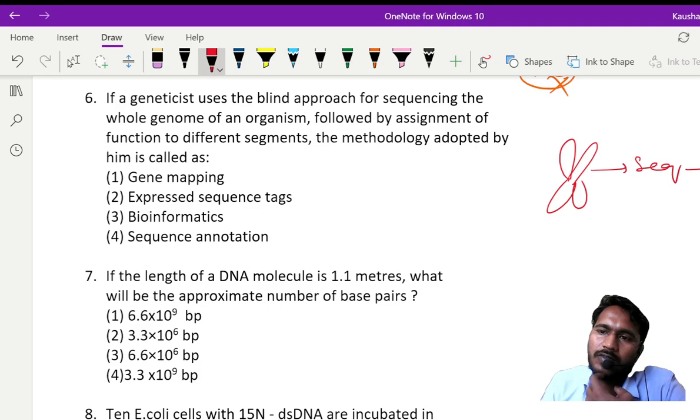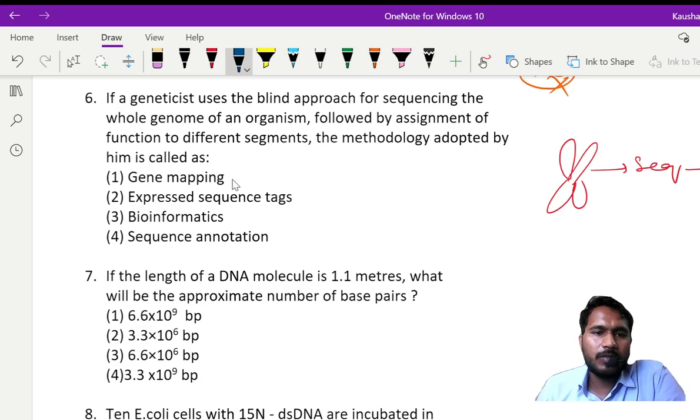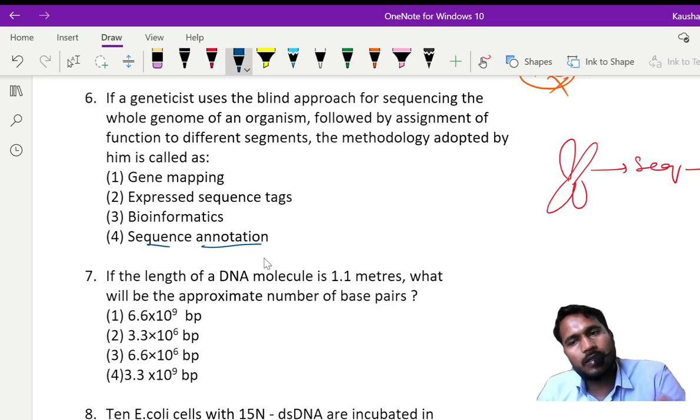You have to find the function of this gene also. How will you do it? What will be the important thing? Think about what you have to do. You'll do gene mapping, expressed sequence tag, bioinformatics, sequence annotation. Sequence annotation means what? Assigning the sequence, telling what the sequence is, and assigning the function also.